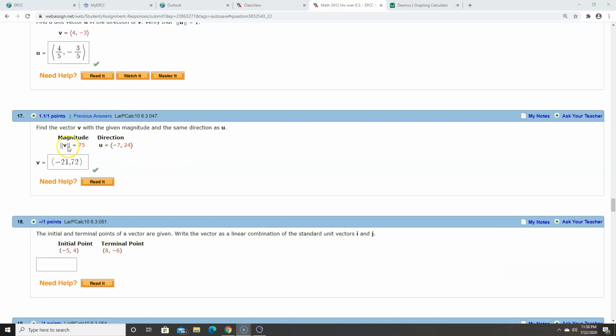And then we found a new vector that's in the same direction as this one, remember, but it had to be 75 units long. So this problem right here and the one on the bottom is the same exact strategy. And the one on the bottom, it was 3i plus 4j, and now make it a little longer than that, but in the same direction. So you can do the 25 using the same idea as this one. So I hope that's okay.